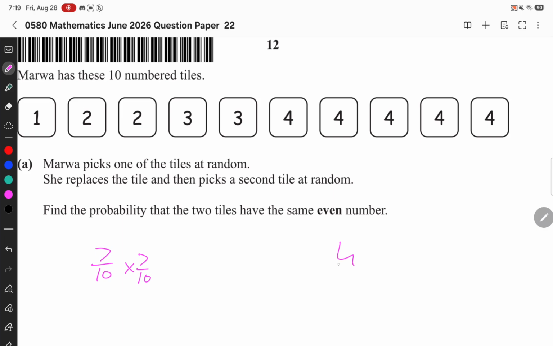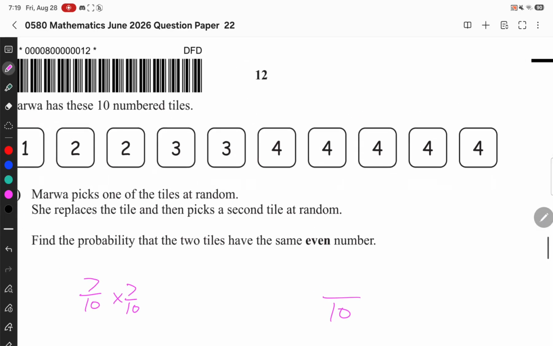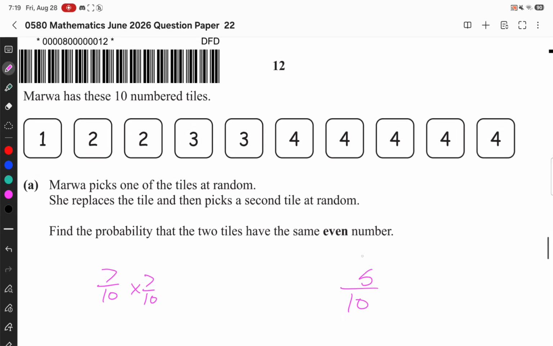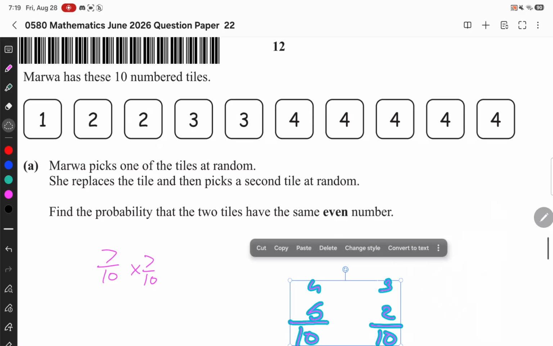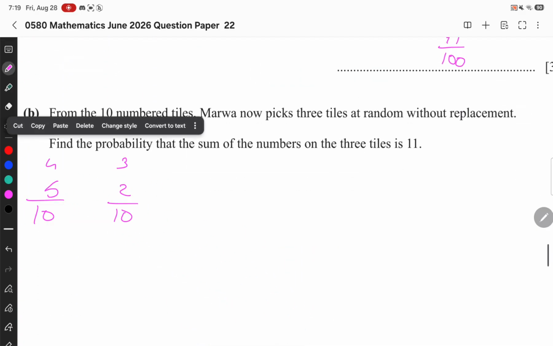So 4 has a probability of 5 over 10, and 3 has a probability of 2 over 10. We can use this space down below because I do not have the entire paper to myself.